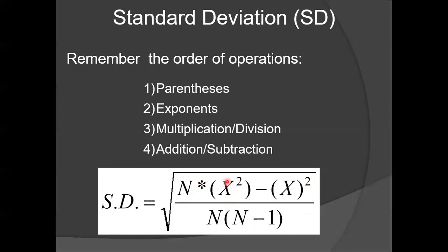So you think that the exponent inside comes before the exponent outside. Remember that you will want to solve for your parentheses first, then exponents, then multiplication, division, and then addition and subtraction when performing standard deviation calculations.